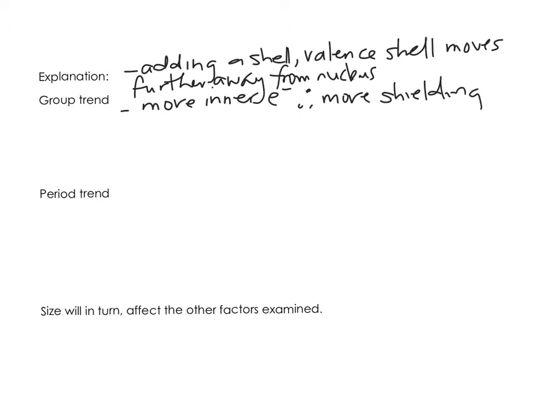So both of these factors add up to this following result. There's less positive pull felt. So it's not that there's less positive pull. The positive pull also started to increase, but the amount that's felt by the valence shell is going to be less.